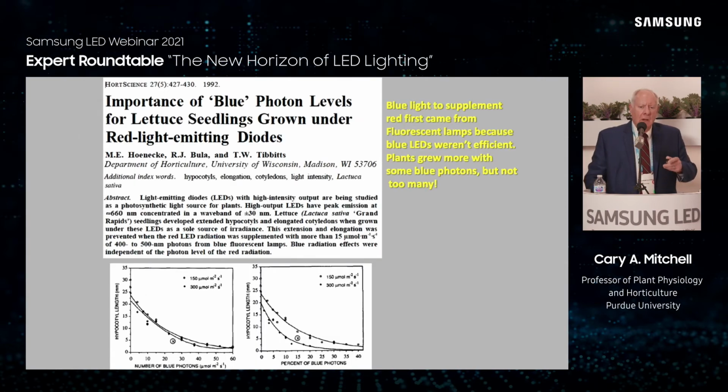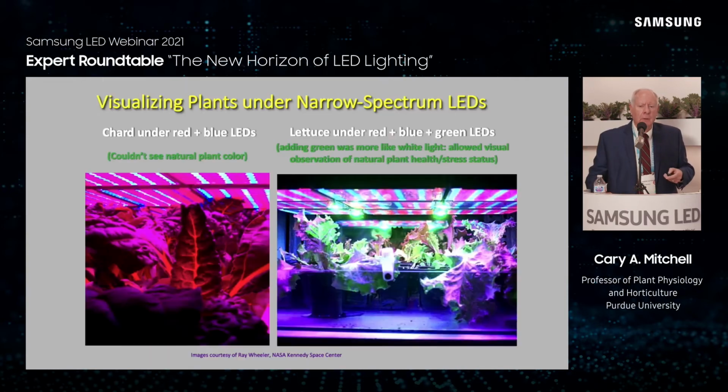And what they found is that the plants grew stockier and stronger, but that the hypocotyls, they were shorter and shorter the more blue light they added. So they found that a few blue photons were really important, but not too much, or it actually was suppressing the plant growth.